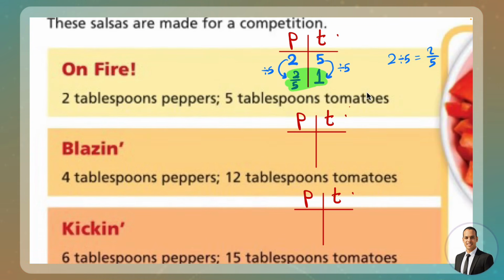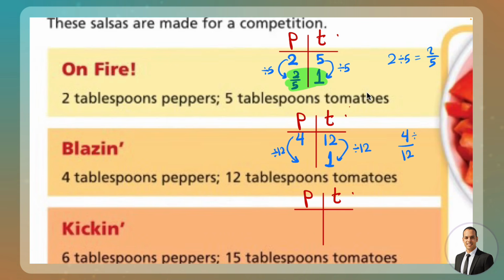Okay, let's do the same here for Blazing. And we can see here it's 4 peppers to 12 tomatoes. Again, we need it for 1 tablespoon tomatoes only. So in order to make the 12 one, we are dividing by 12. If we divide by 12, we should also divide the amount of peppers by 12. So we have here 4 divided by 12, which is 4 over 12.